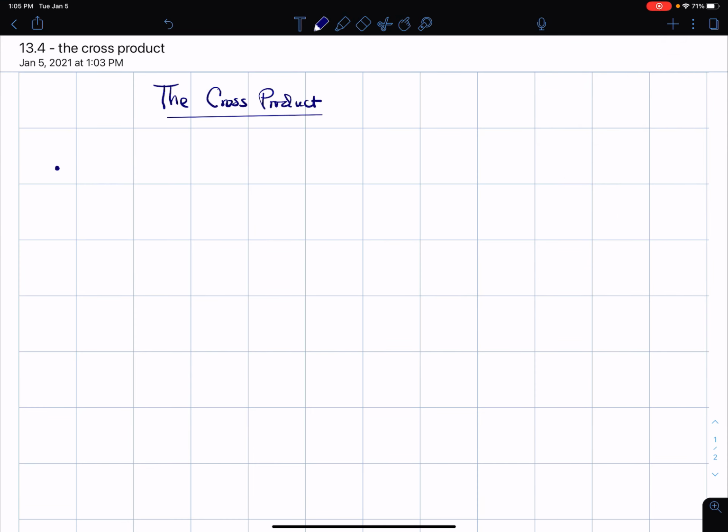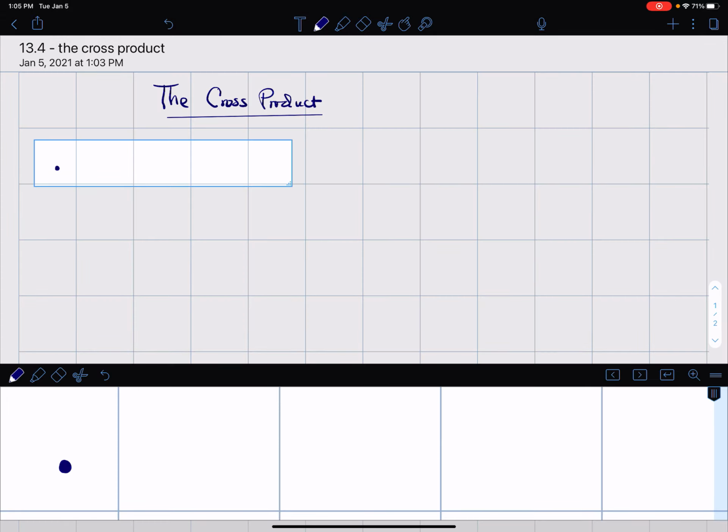We're going to be looking at the cross product. So what is the cross product?